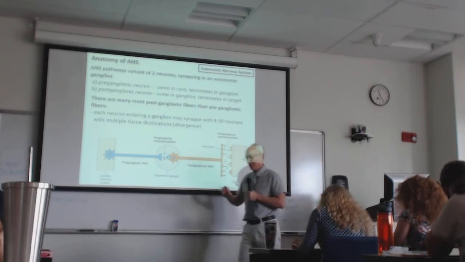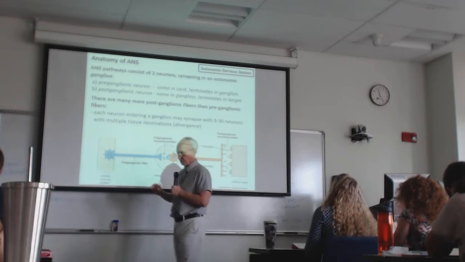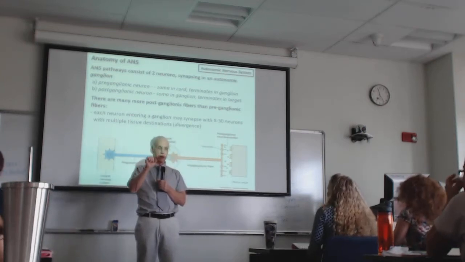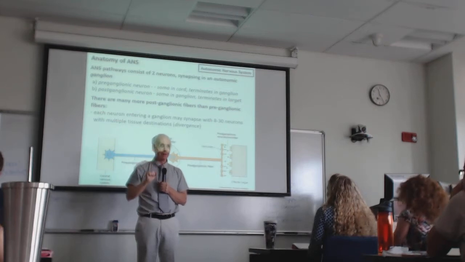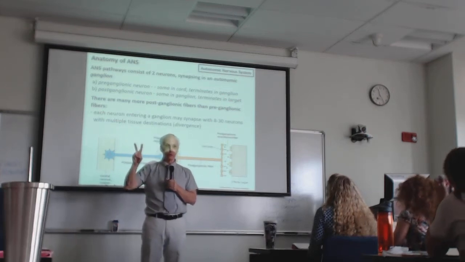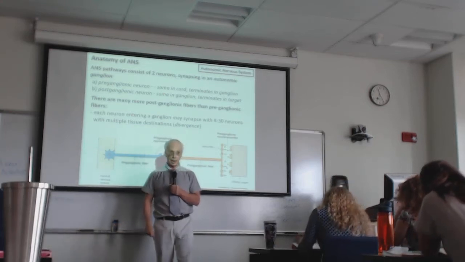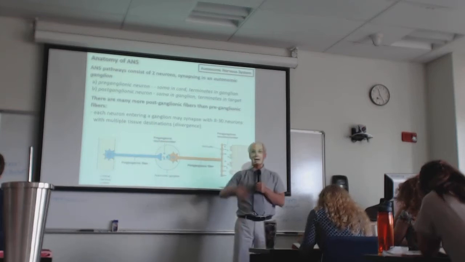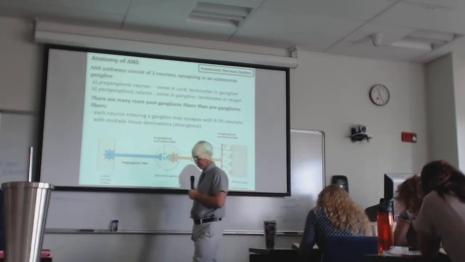We'll see a couple of exceptions in a moment. Those two neurons speak to each other at an autonomic synapse. The two neurons in an autonomic pathway are a preganglionic neuron and a postganglionic neuron.